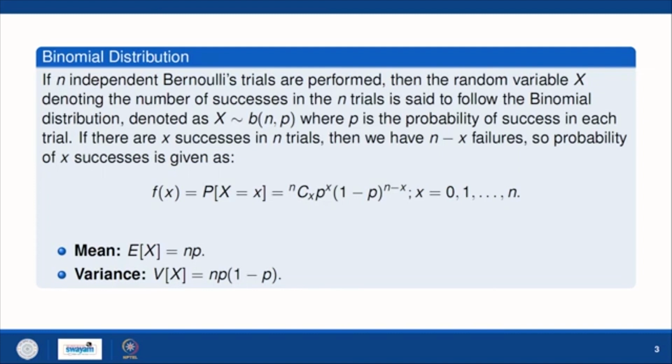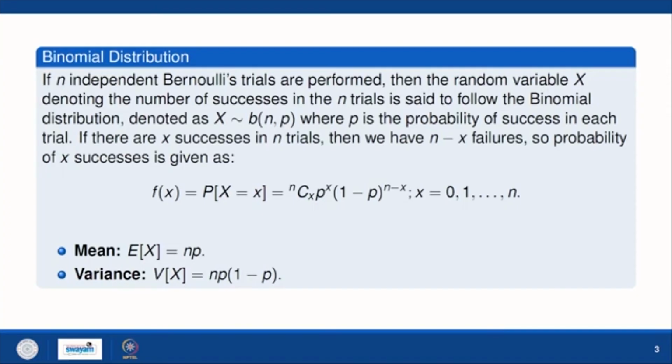If there are x successes in n trials, then we have n minus x failures, of course, because if out of n trials we are having x successes, that means the remaining trials are failures, and that means n minus x are failures.